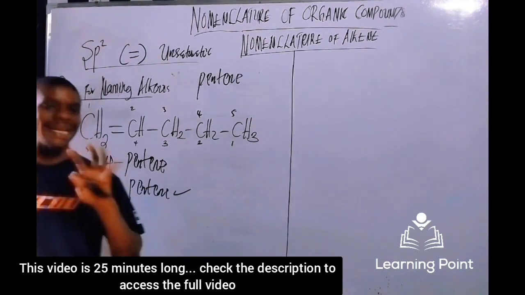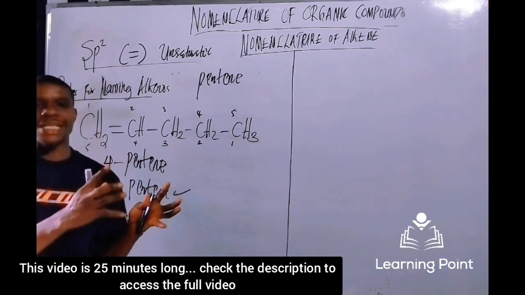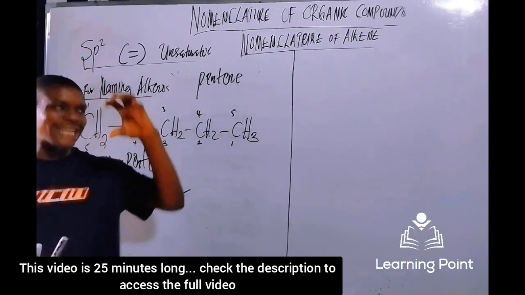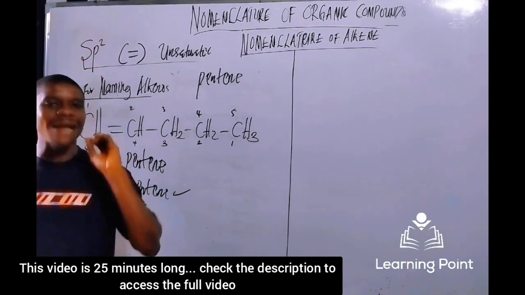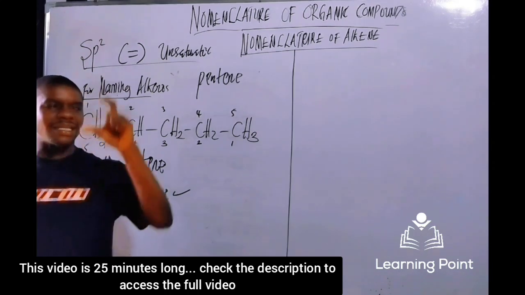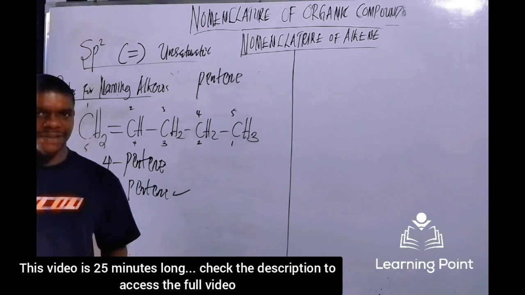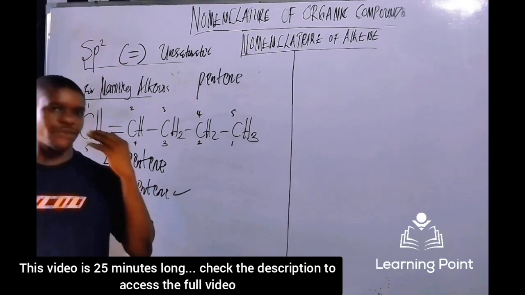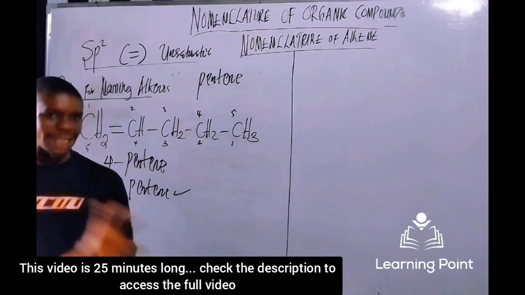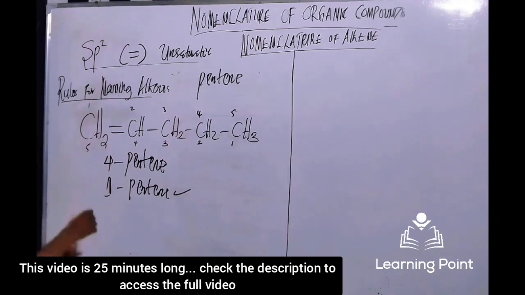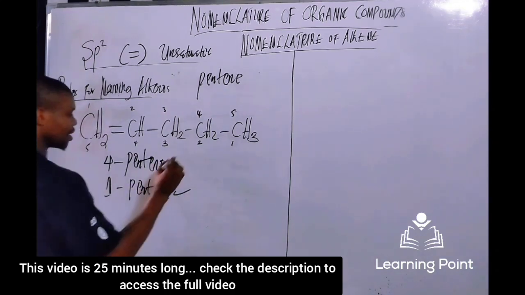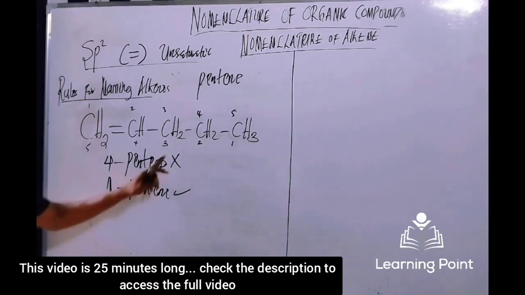So whenever you are naming, the first thing to do is to take the longest continuous carbon chain that carries the double bond and number the chain in a way that the double bond has the lowest possible number, as easy as that, irrespective of the numbers of the substituents attached to it. So this one is the correct one, and this one is the wrong one.